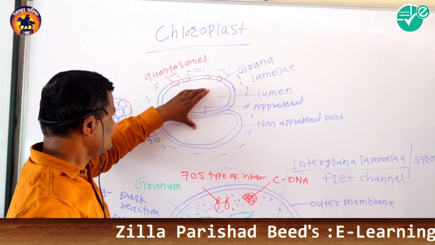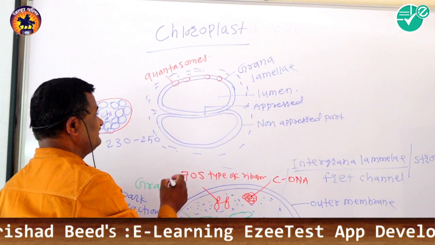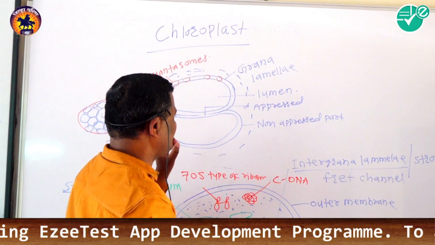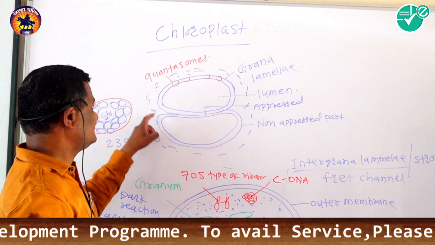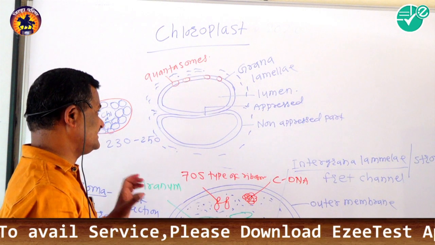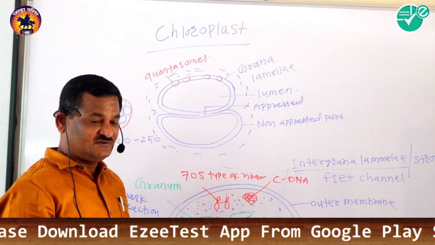Then in the appressed part, pigment system first and pigment system second are present in the thylakoid membranes.